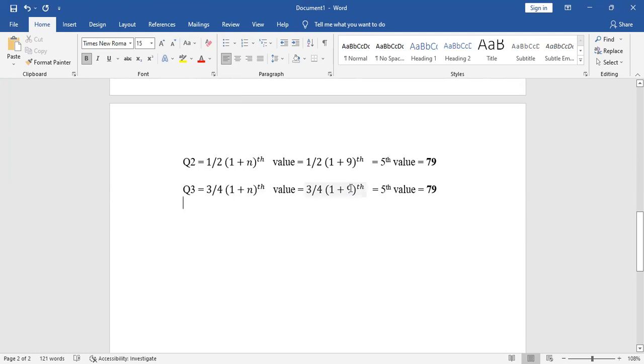The number of elements is 9. So we have 1 plus 9, which is 10. 10 multiplied by 3, which is on top of 3 over 4, gives us 30. 30 divided by 4, we have 7.5. So the 7.5 value is our quartile 3.